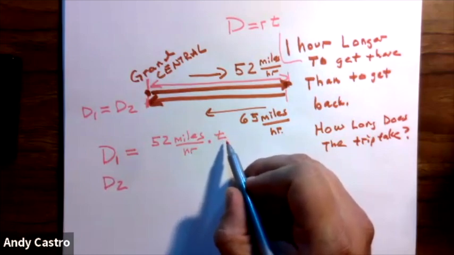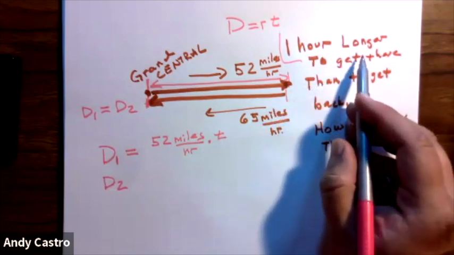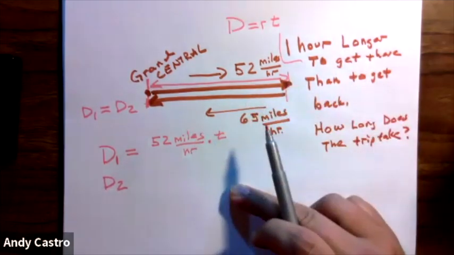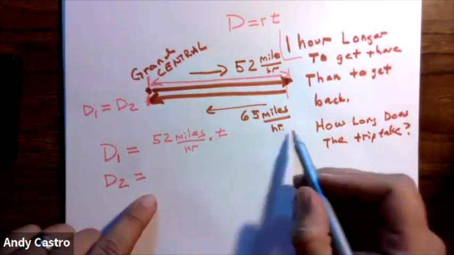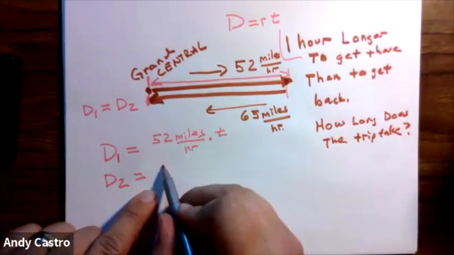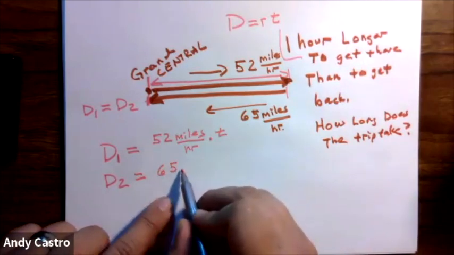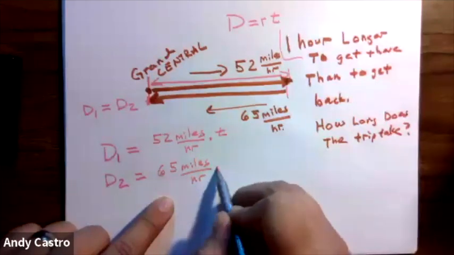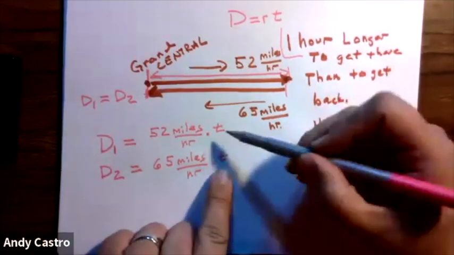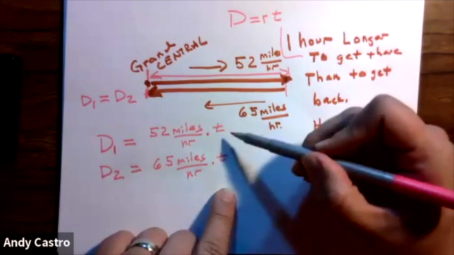Since it takes 1 hour longer, there's actually 2 ways to set this up. You can do it 2 different ways. The way back is 65 miles per hour times time. Now, these times are not the same.